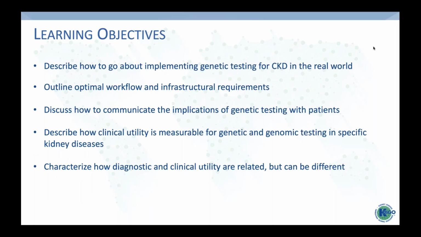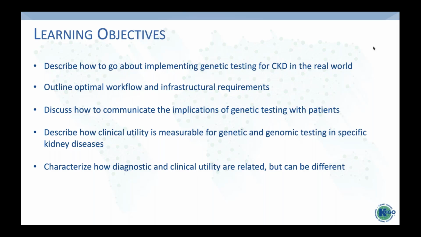So briefly at the beginning, we'd like to outline the learning objectives for this session, because this is actually quite critical, we think. First of all, we're seeking to describe how to go about implementing genetic testing in CKD in the real world. I think this is quite important, and hopefully you'll get a flavour of this.